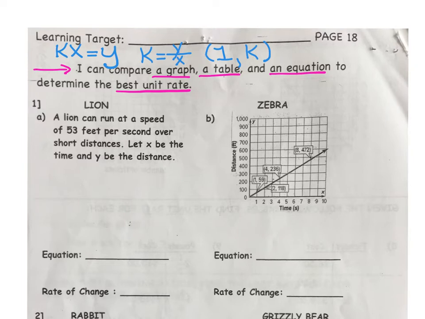Let's take a look at the problem we've been given, and we can use some of those details that we've been given about proportional relationships. In problem number 1, we're going to compare the speed of a lion to the speed of a zebra. It states a lion can run at a speed of 53 feet per second over short distances.